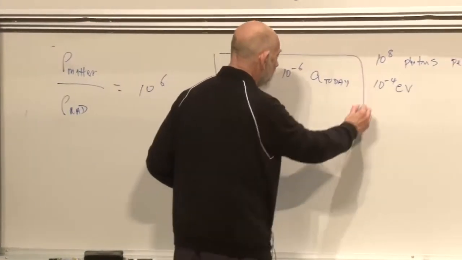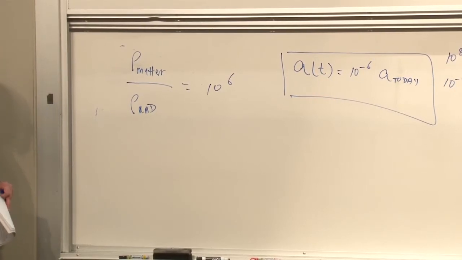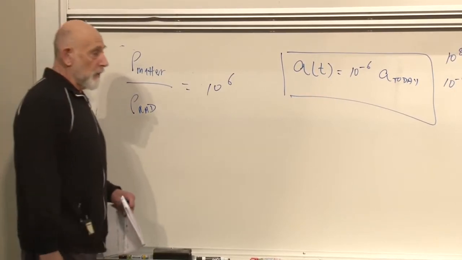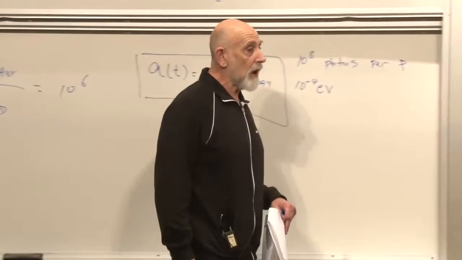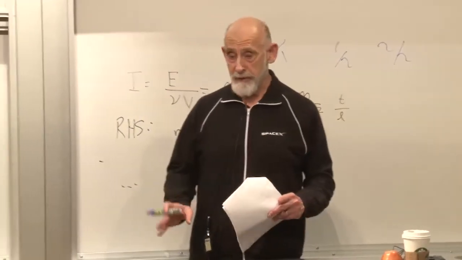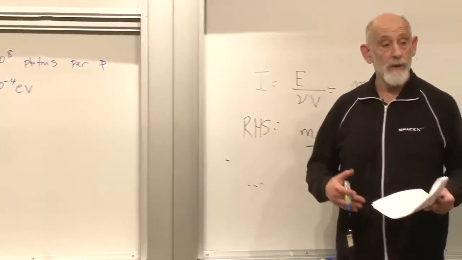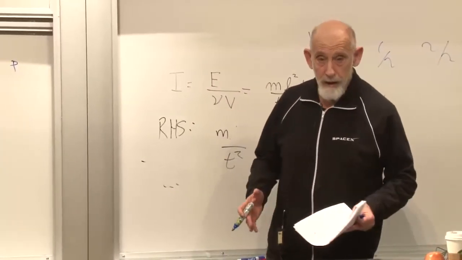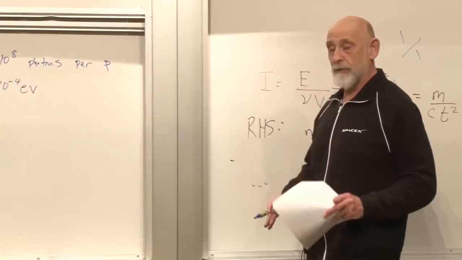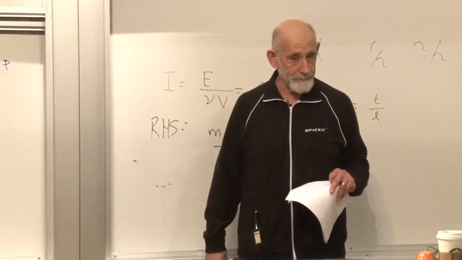So as you go backward, when the scale factor is 1,000,000 times smaller than it is today, in other words, when the temperature is 1,000,000 times larger than the 3 degrees, that's 1,000 times the temperature of the decoupling period, when the temperature was another factor of 1,000 larger, the universe another factor of 1,000 smaller.